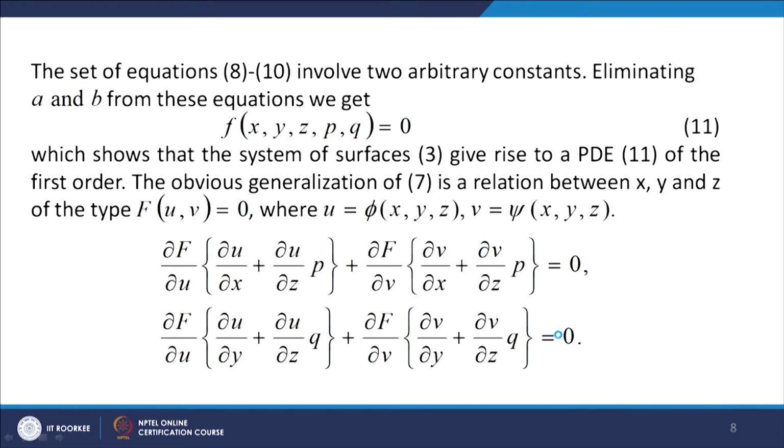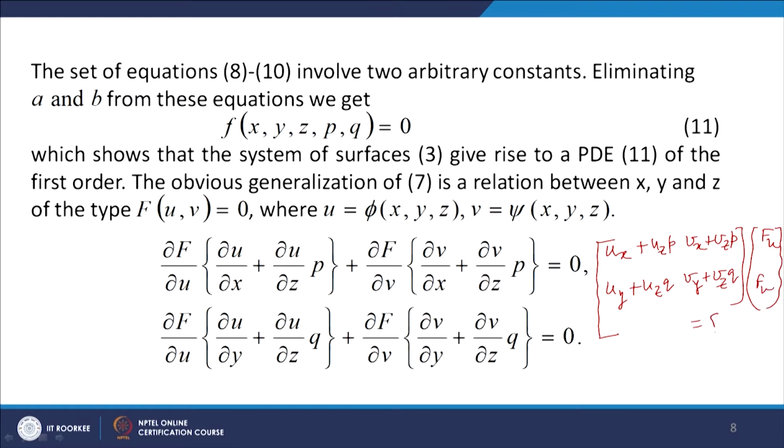Now, what we do is eliminate the arbitrary function f from here. You can see we can write this system of equations as: the partial derivative of u with respect to x, in short u_x, plus similarly u_z into p, then we get u_y plus u_z into q, and then the second row we can write as v_x plus v_z into p, and then v_y plus v_z into q, multiplied by the column vector f_u and f_v, equal to 0.